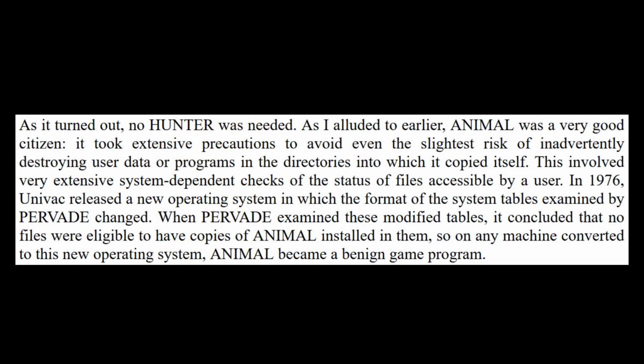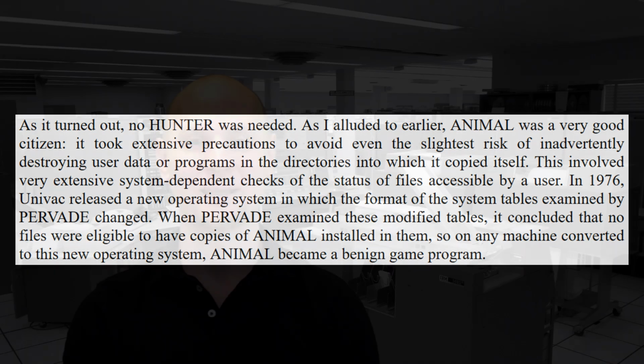Still, it probably wasn't that great that Animal started spreading, which is the reason why certain colleagues of Walker's actually presented a proposal for making a so-called hunter program, which would be able to kill the Animal. Now, although the story of the hunter program actually being created may be found in certain sources, going by Walker's own testimony, it never was. What stopped Animal from spreading in the end, however, was a normal update to the UNIVAC 1100/42's operating system, the Exec 8.